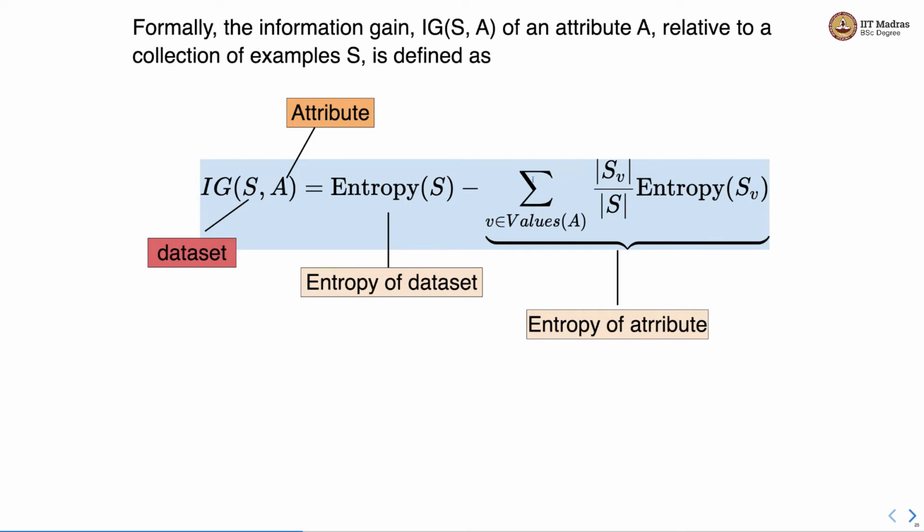So here what we do is, in order to calculate entropy of the attribute, we perform summation over different values of the attribute, and we take the ratio of number of examples with value v for that attribute divided by the cardinality or total number of examples in the whole dataset, times the entropy for Sv, which is a subset of the data where the feature A has value v. And we'll see some examples of this in the subsequent slides.